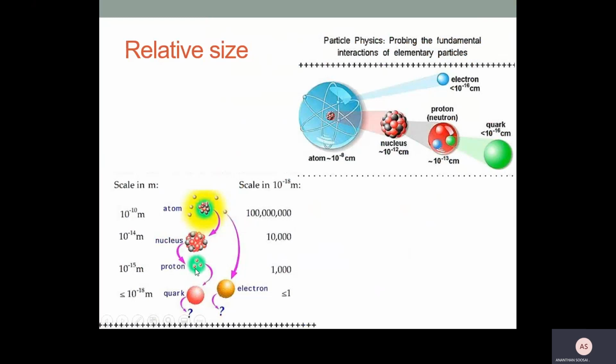Atom to nucleus, nucleus is proton, proton to quarks, quarks to what? The research is continuous. Up to now, quark is confirmed. We still don't have the technology to find the smallest one, so for the time being, quark.